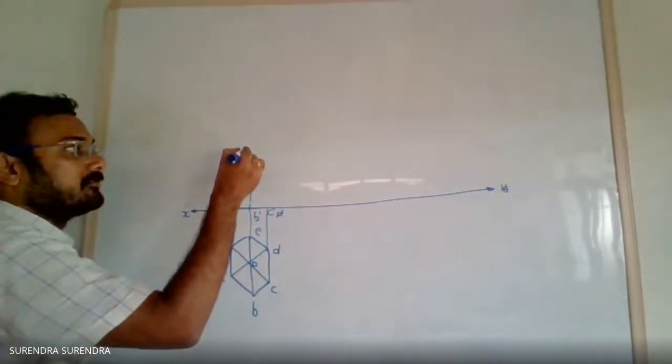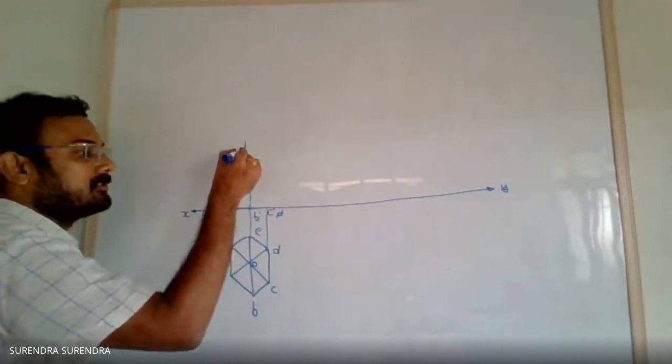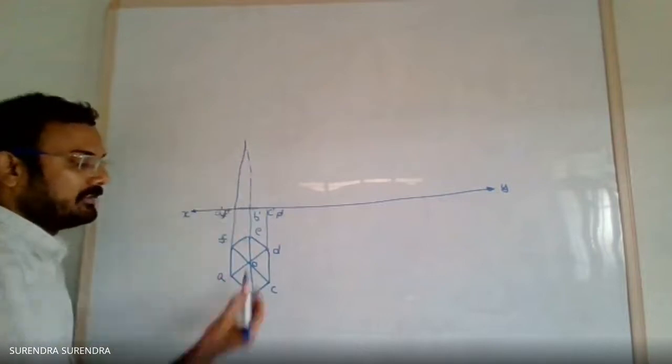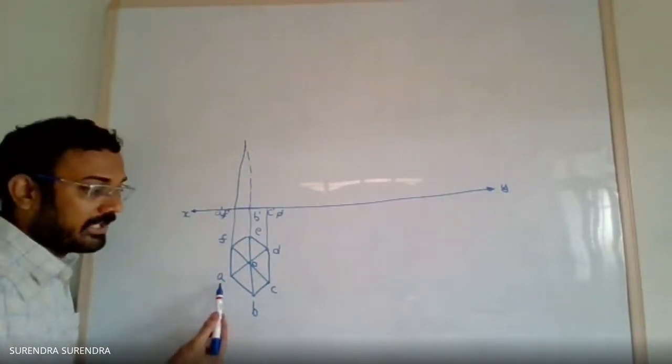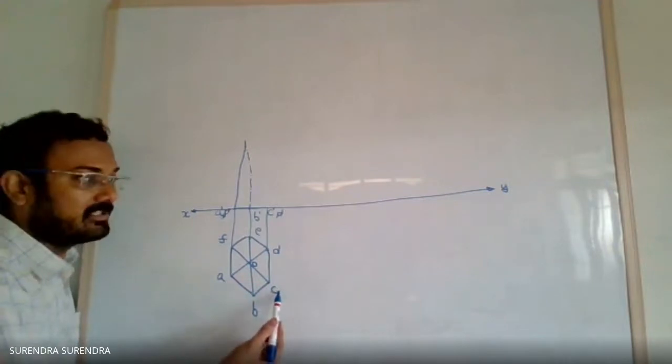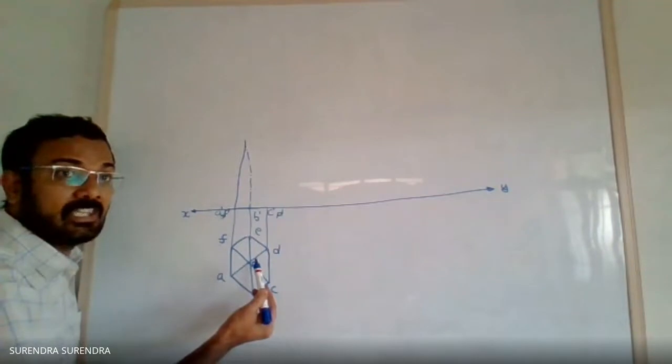And join all the base points to the apex. Join AO, and if you observe from this direction, A is visible, B visible, C visible. So AO, BO, CO are visible.